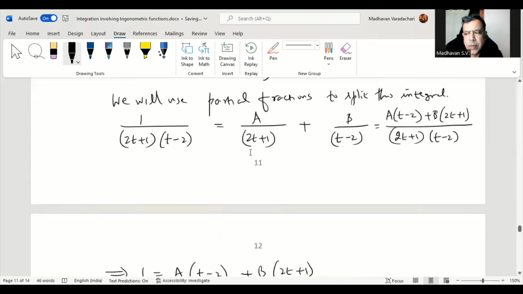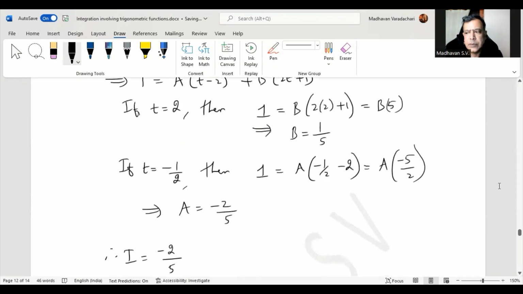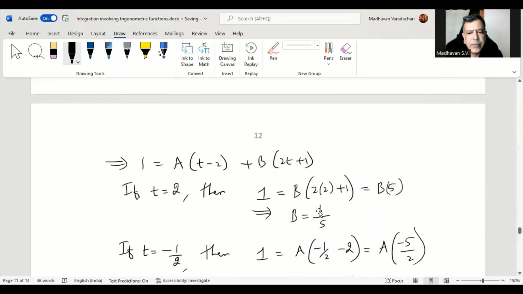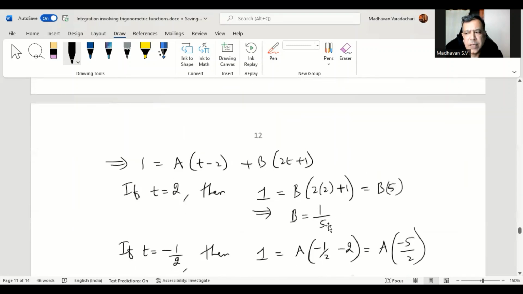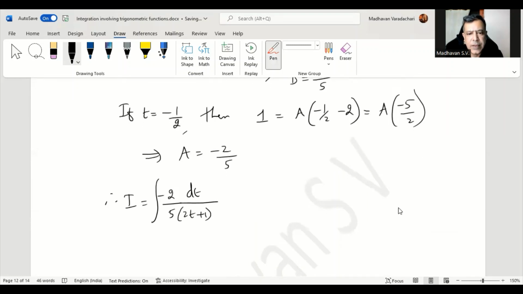A divided by 2t plus 1, 2t plus 1 in the denominator, numerator you will put dt, that will be your one integral. Second one, b divided by t minus 2. b is 1 by 5, so plus 1 by 5 times dt divided by t minus 2.